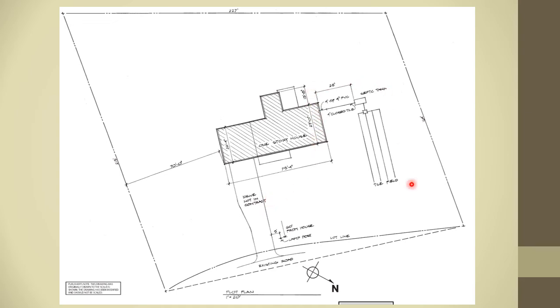There's also the septic tank and a tile field. So there are some underground utilities being shown on this plan. Once again, here's a close-up of that 70-foot mark and the lamppost and the drive in the contract.